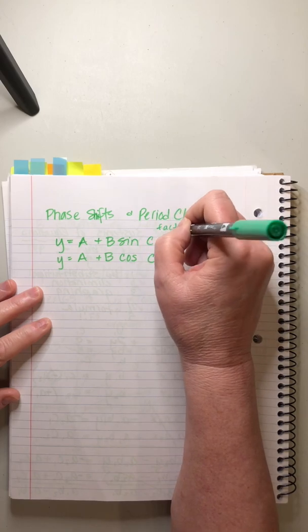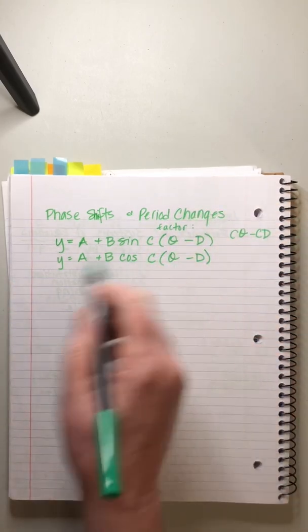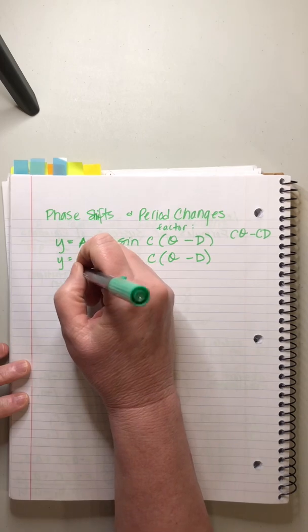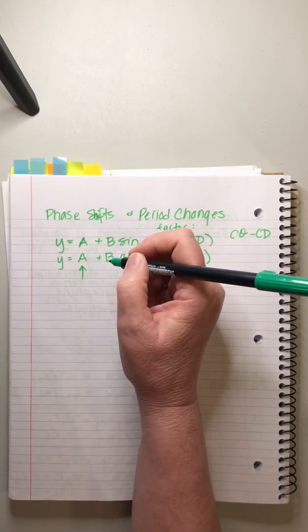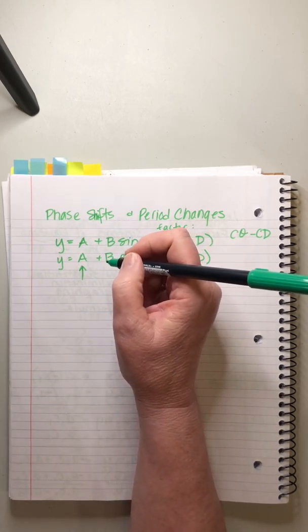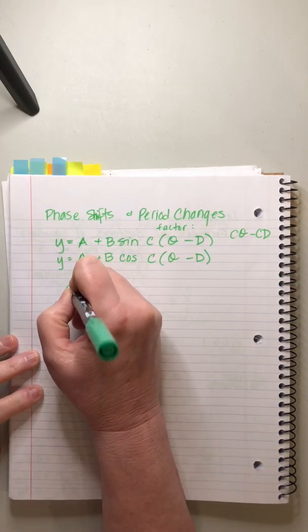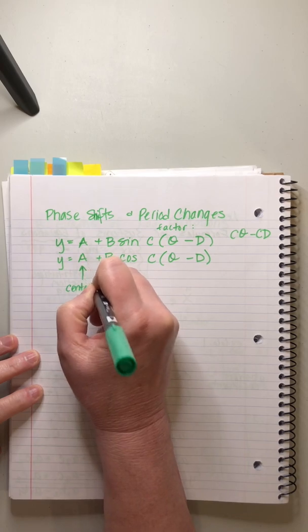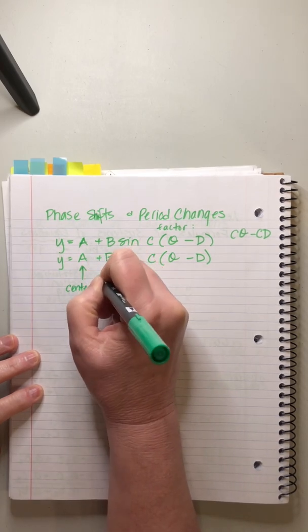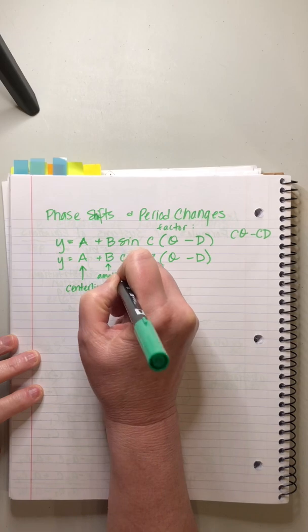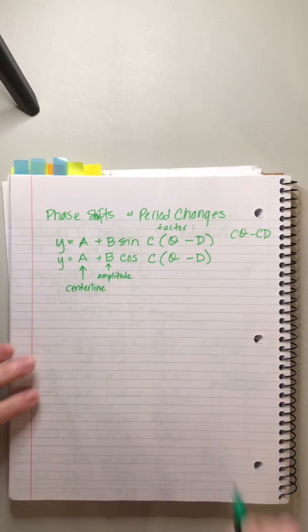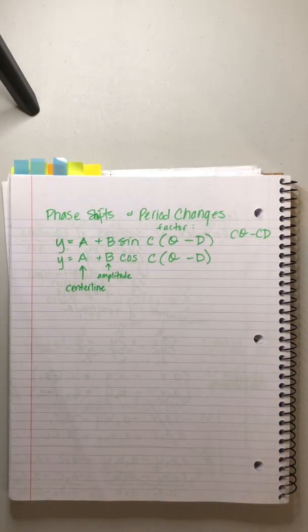I don't remember that ever being a problem, but just something to point out. A, as you well know, is the center line, right? B is the amplitude. Those things we don't really have to do too much work to figure out. We just glance at the chart and figure it out from there.